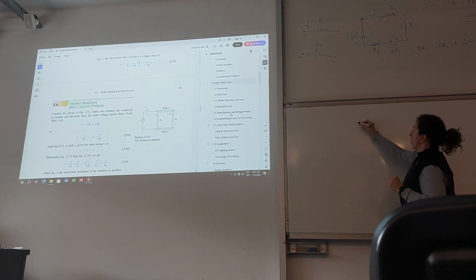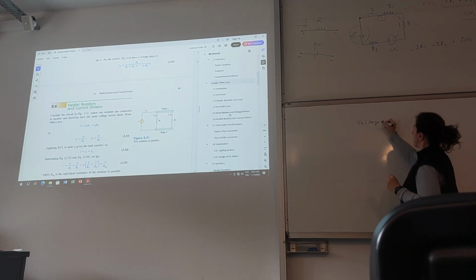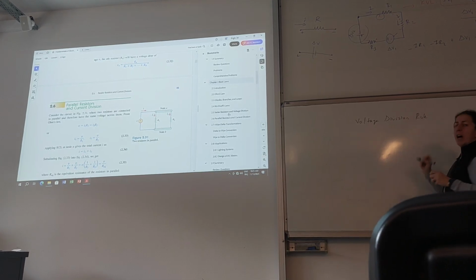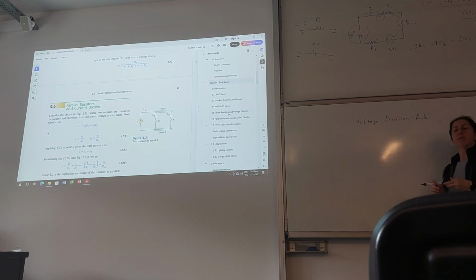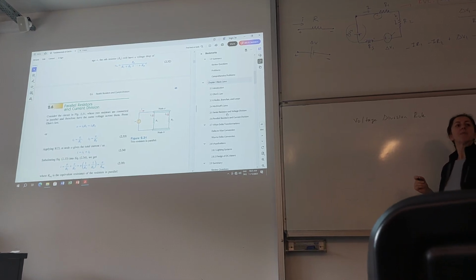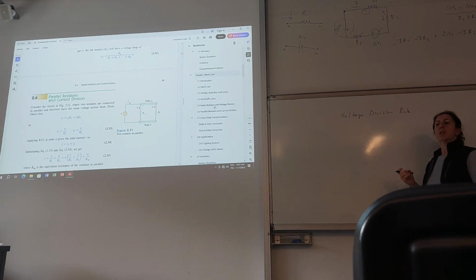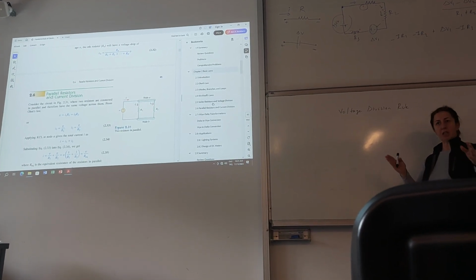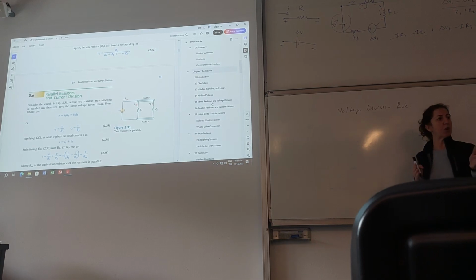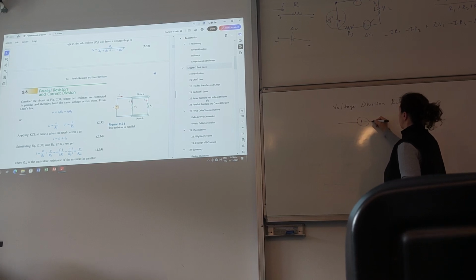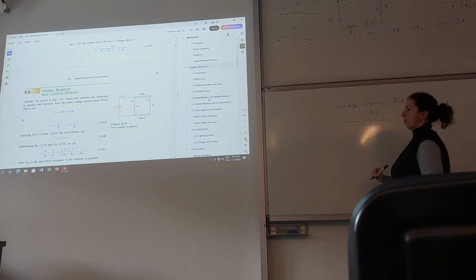So what does the voltage division rule tell us when we apply voltage division? Do you remember what the condition is to apply the voltage division rule? You need a potential source and the resistors have to be connected in series with our potential source.